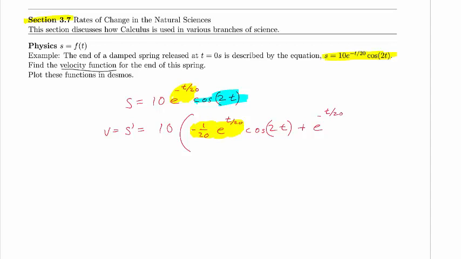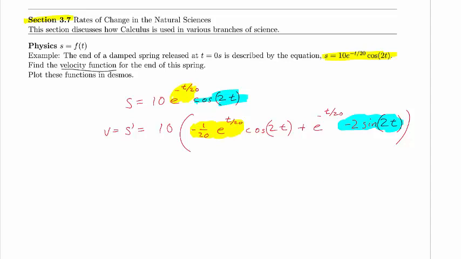And then we must find the derivative of the blue part right there, and that is simply going to be -2 times sine of 2t, since the derivative of cosine is negative sine, and we are applying the chain rule. The derivative of the inside function is simply 2.